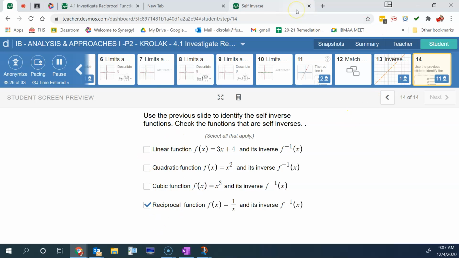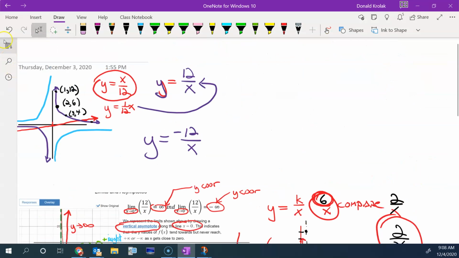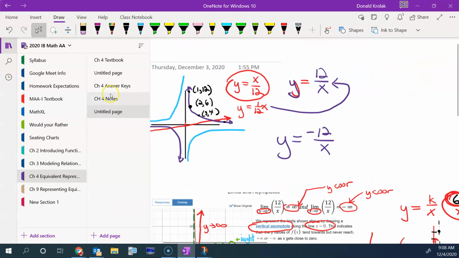All right, so if you go back to your note packet, the big ideas for reciprocal functions.